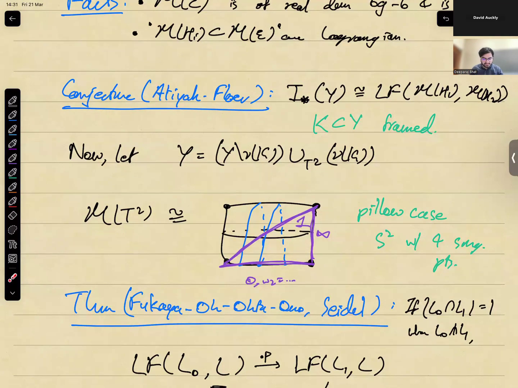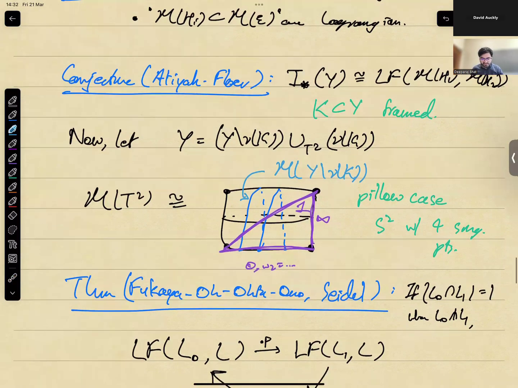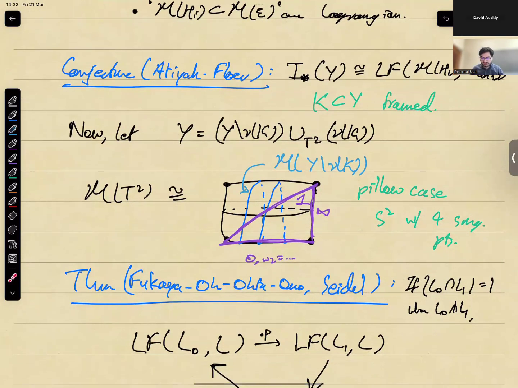The blue line corresponds to the knot complement, and the purple lines correspond to different surgery coefficients that one could have used. So this situation corresponds to infinity surgery. You could have used this, which corresponds to zero surgery with some non-trivial w2, or this one that corresponds to +1 surgery.